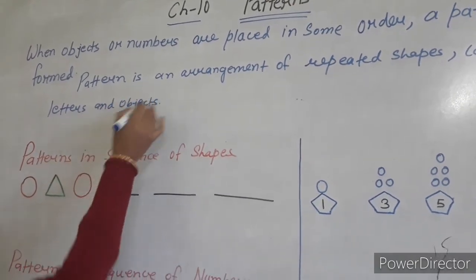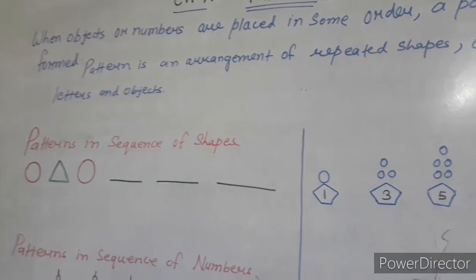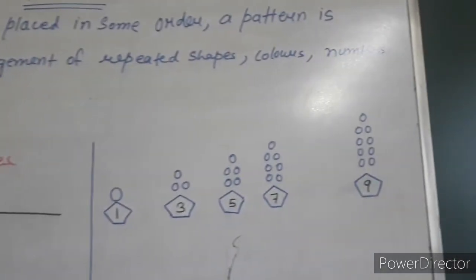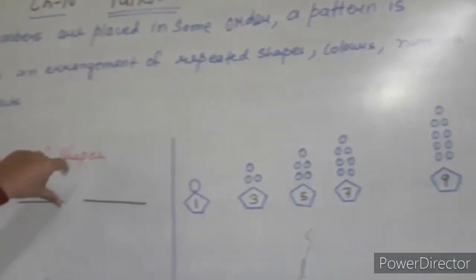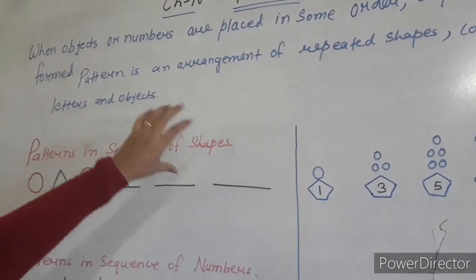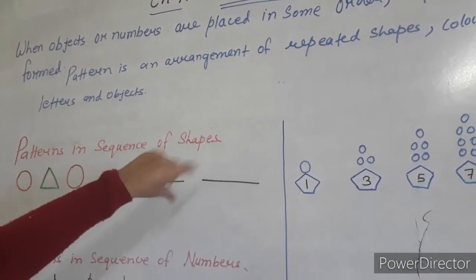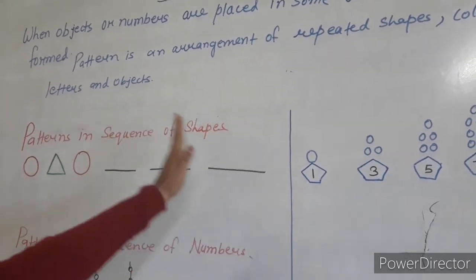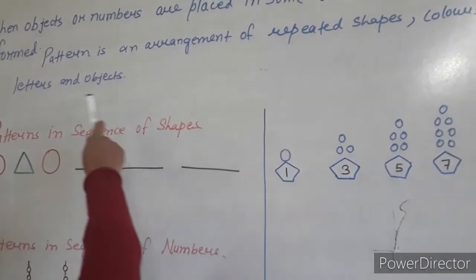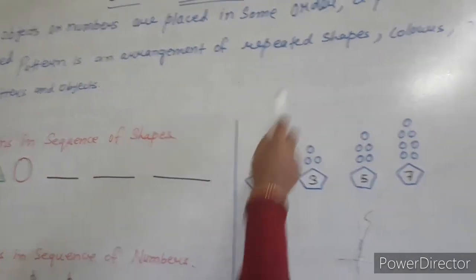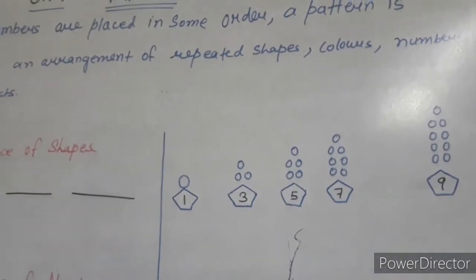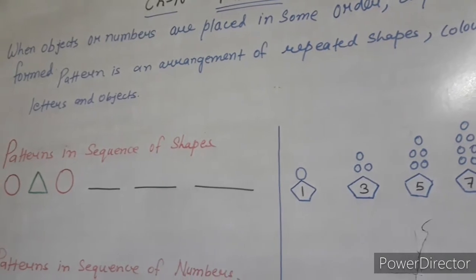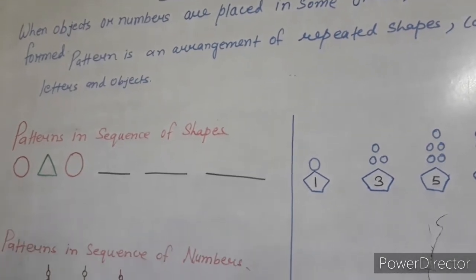As I told you, the pattern is an arrangement of repeated shapes. If you want to make any arrangement or pattern of any shapes, colors or numbers, it must be repeated in a sequence. So you can say the pattern is an arrangement of repeated shapes, colors, numbers, letters and objects. Here I am going to give you some examples.